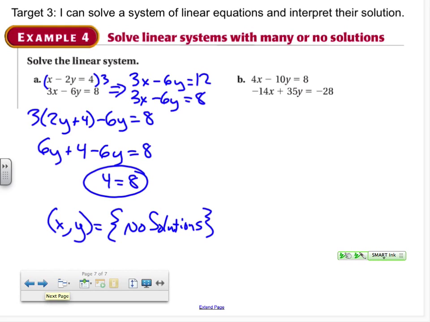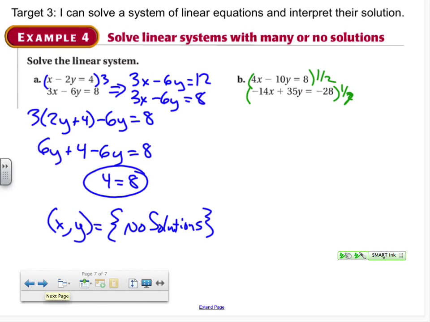Let's try the next one, see what happens here. What would be easier here? Well, nothing's got a coefficient of 1, so it's going to be elimination. So pause, try and eliminate, see what happens. All right, so to eliminate, I would probably start by multiplying the top one, and this is going to sound a little mean or tricky, by 1/2, since they're all even, and the bottom one by 1/7.